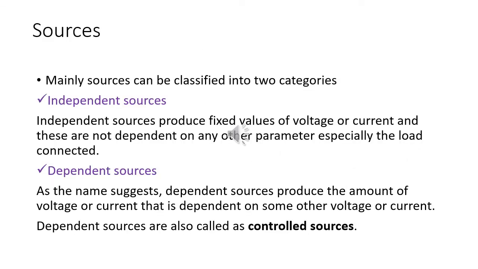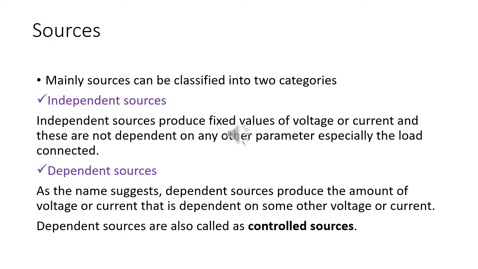Now let us have a quick look at the different types of sources used in networks. One classification is independent sources and dependent sources. As the name suggests, independent sources produce fixed values of voltage or current, and these are not dependent on any other circuit parameters, especially the load connected.